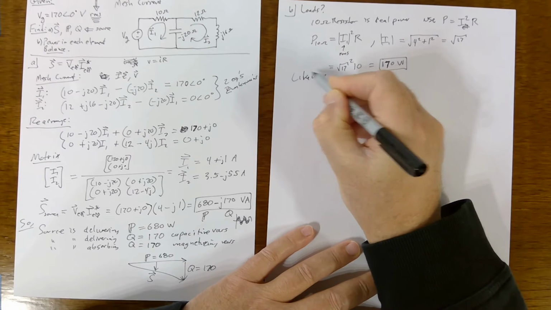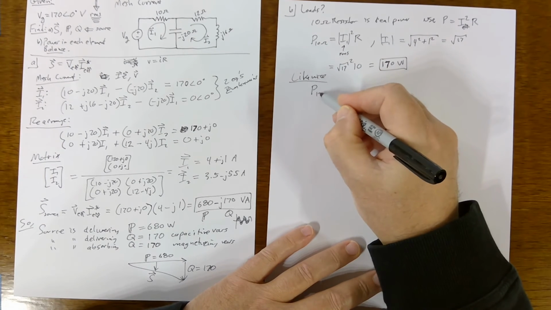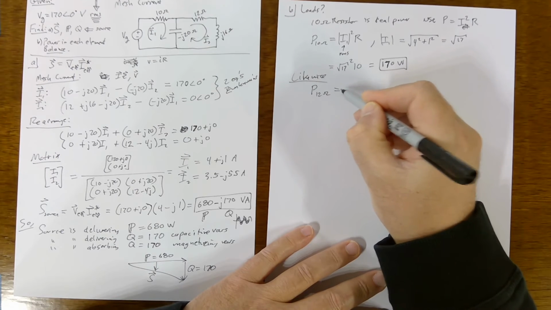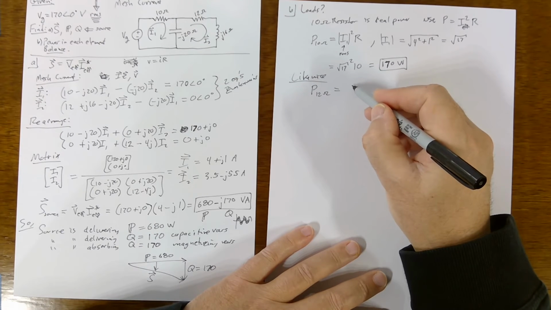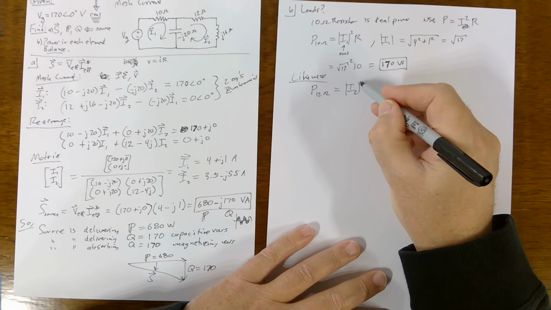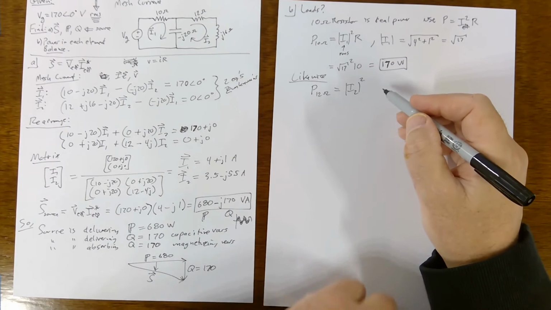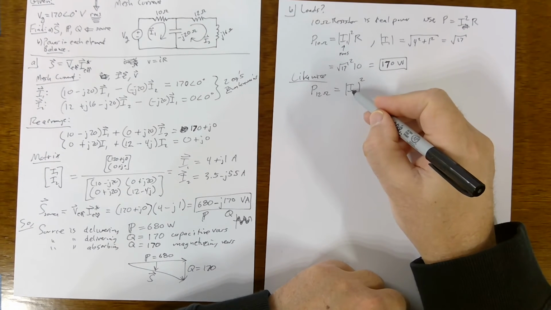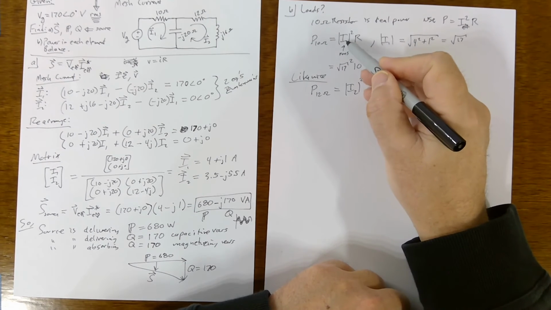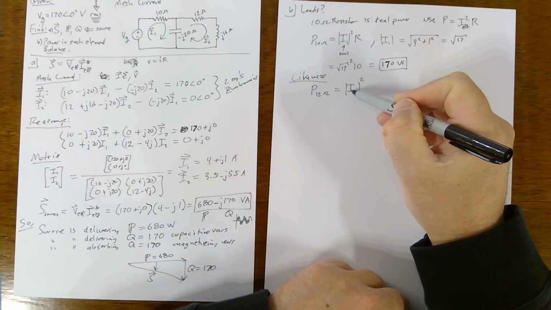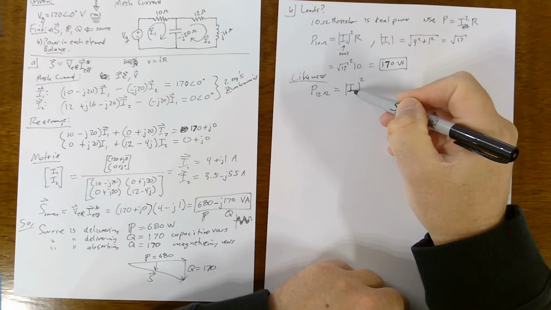So, likewise, we could do the power in the 12 ohm, it's the magnitude of I squared. This magnitude, we're just showing some different notations. Why?